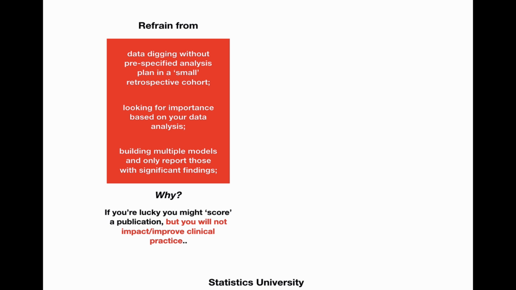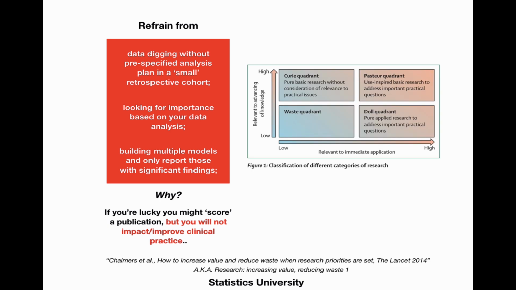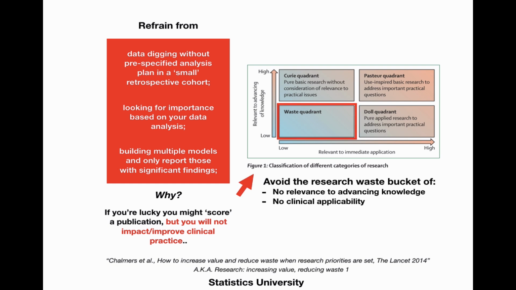And thus, critical thinkers will not take your research seriously. It will put you into the waste quadrant of no relevance to advancing knowledge and no clinical applicability. Therefore, you realistically have no chance of impacting or improving clinical practice.